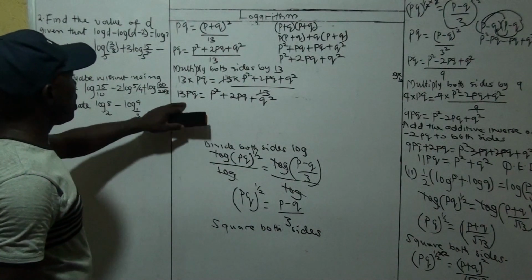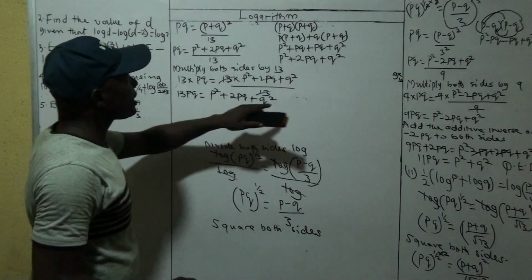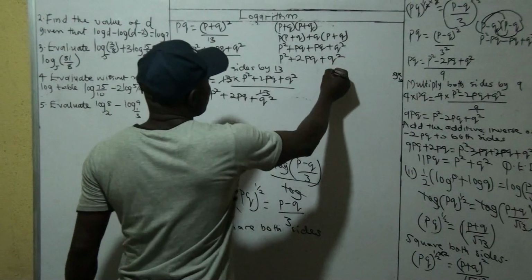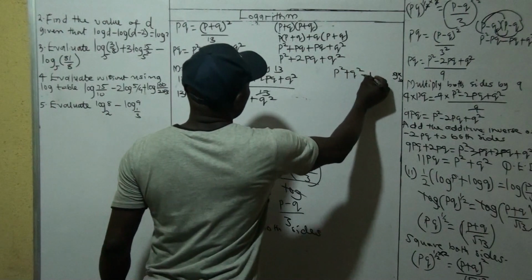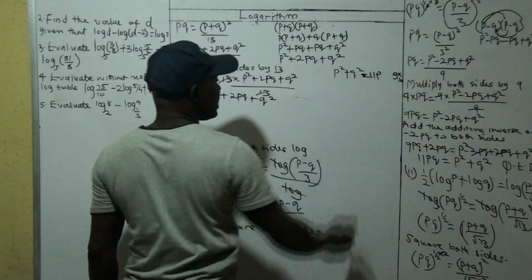So now what we're trying to establish is this, that p squared plus q squared is equal to 11pq. So that is the fact.